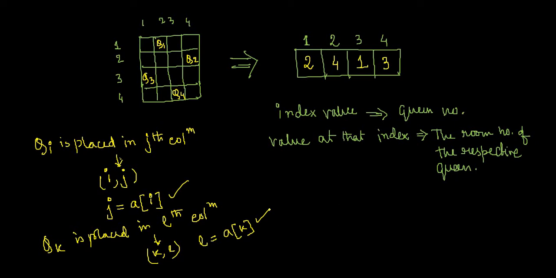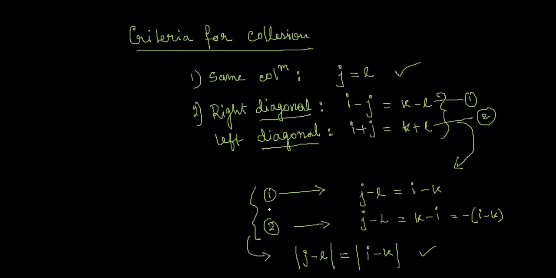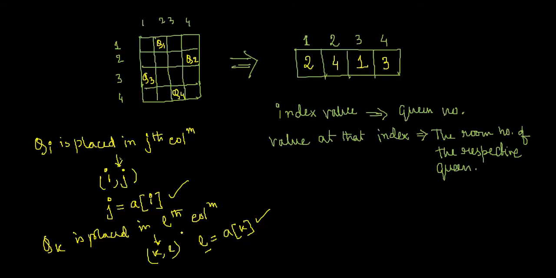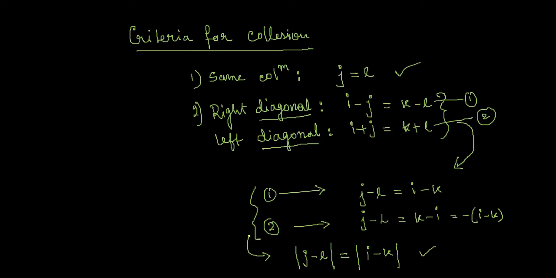Because when we try to map this collision with respect to one dimension, we have to convert this L and J, because these are dependent on A of I and A of K respectively. So in case of collision in the same column, it was represented as J equal to L. What will we represent with respect to one dimension?